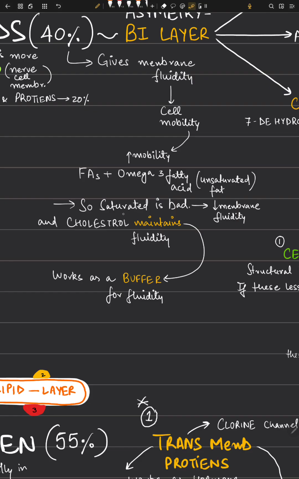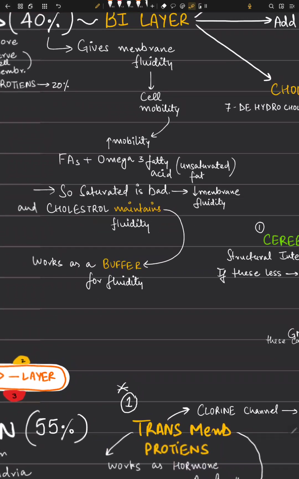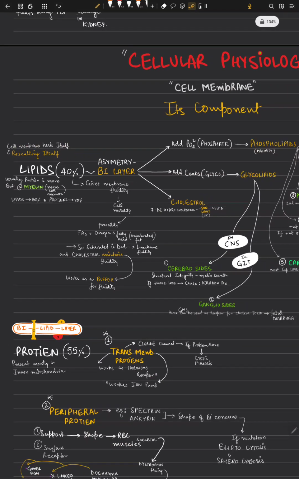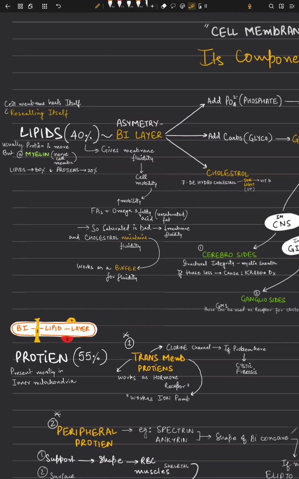So if you eat a lot of good cholesterol, like in egg yolks, it will try to maintain your bilayer fluidity, which is really important for you. So try to eat cholesterol, try to eat omega-3 fatty acids.